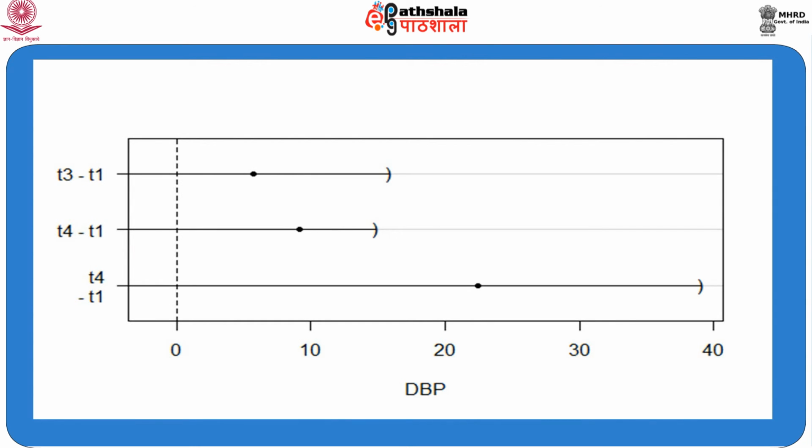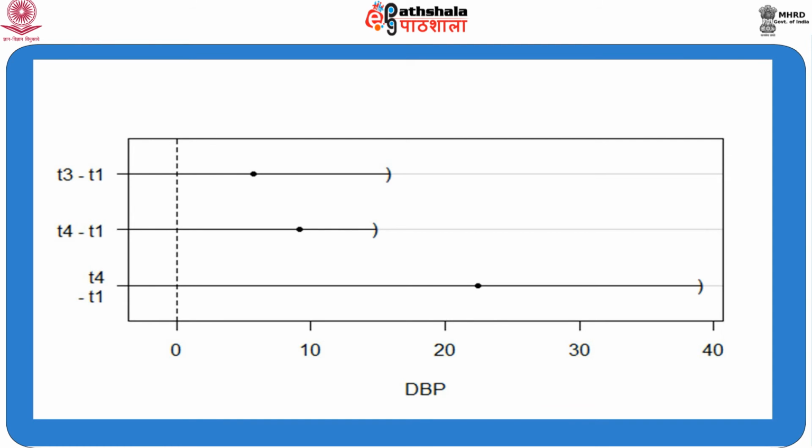As a result you can see the treatment-wise T3 and T1 difference with its point estimates, and T4 with T1 with its point estimates, given as dots, and this range of confidence interval is shown with the corresponding arrow.